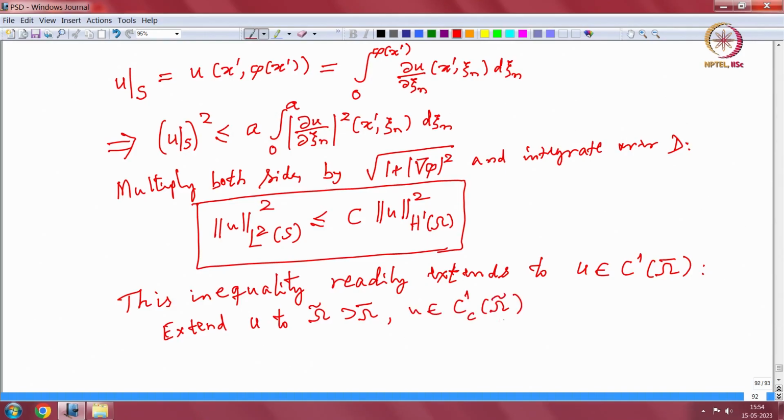This is by the extension theorem, and now you apply this inequality for this extension. But extension norms are controlled in terms of the original function, so that is why they are important. Though you get it here for the extension function, the norm of the extended function is estimated in terms of the original function. So, this inequality is now valid for all u in C1 omega bar.